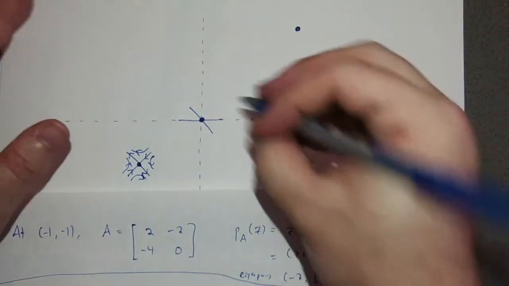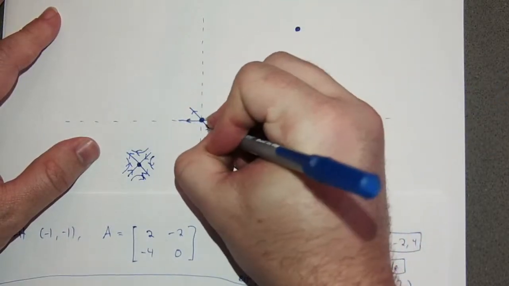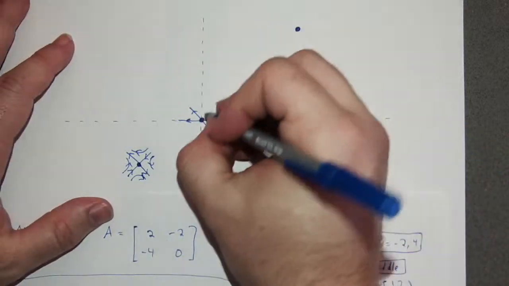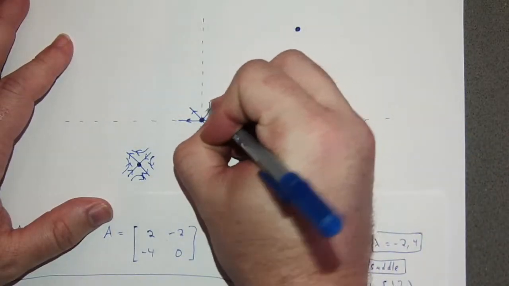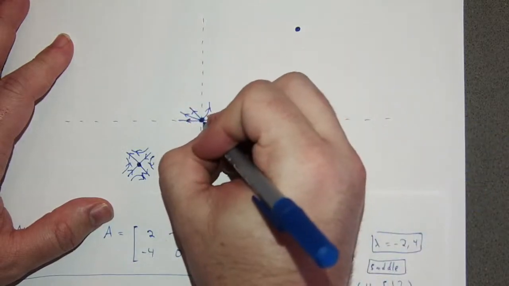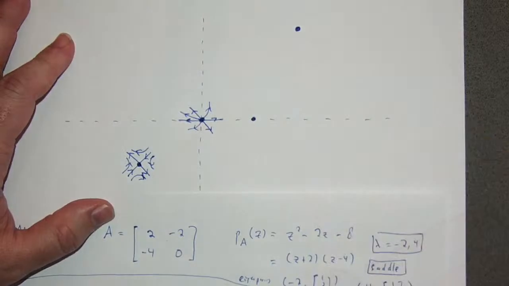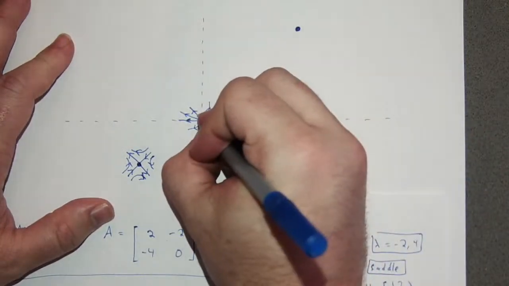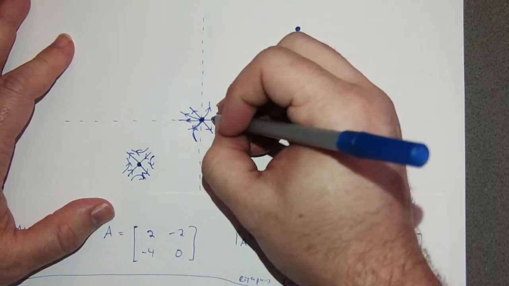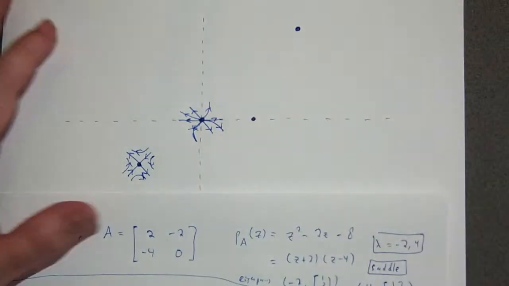I have motion away along both of these. And of course, since it's a nodal source, other trajectories nearby look something like this, so that they're matching the direction here. And maybe this turns something like this.